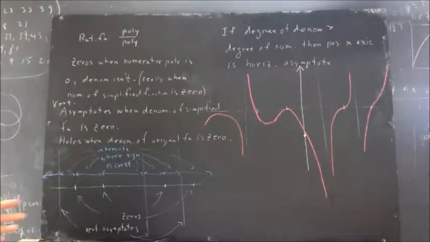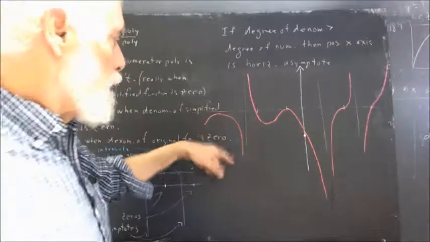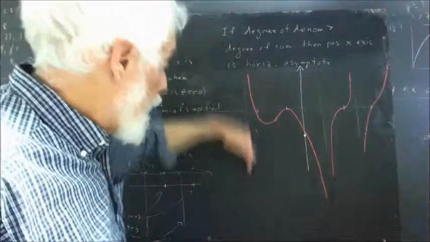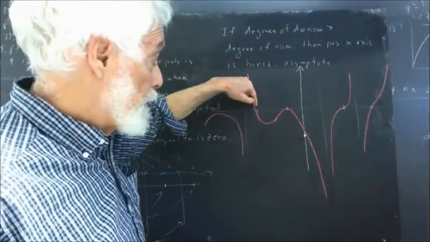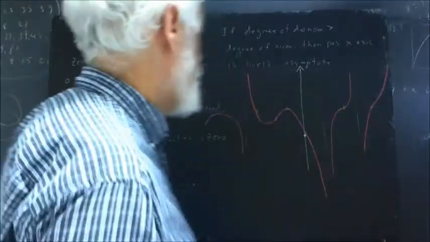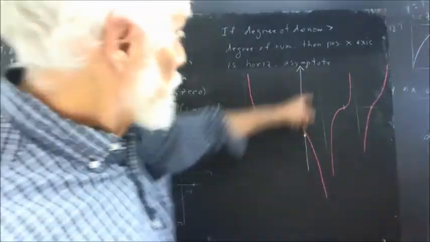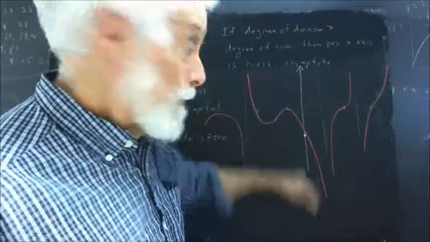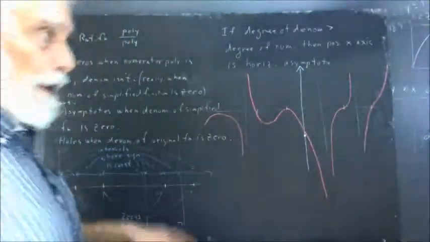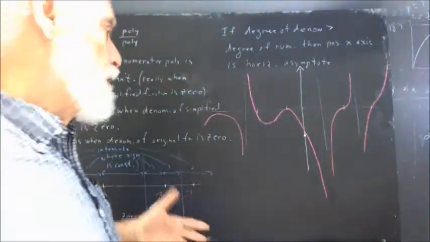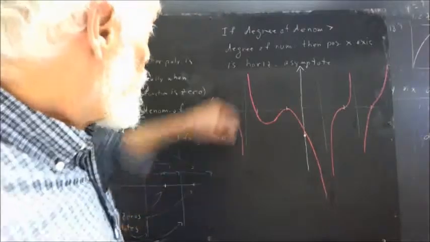The only places the graph can change sign are at asymptotes, as happens here, at zeros, which happens here, and here, and here. Now we have an asymptote here where we don't change sign. It's negative on this side, negative on this side. You can think about how that would happen, but would it be a couple of matching linear factors in the denominator?